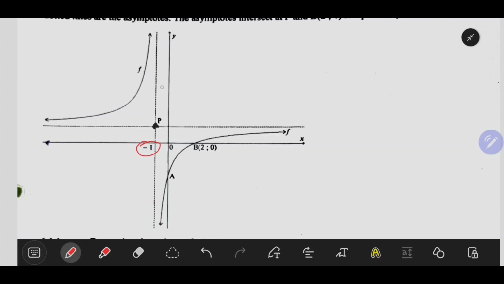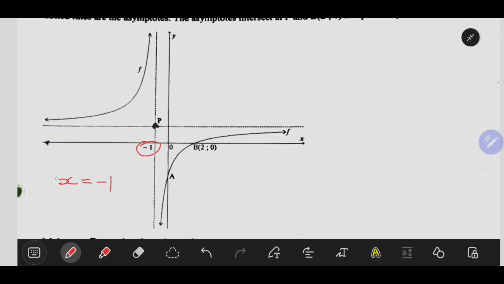So this value here of -1, this is the value for the vertical asymptote, which we know is the same as x is equals to -1, because we can see that this -1 is on this vertical asymptote, whereby we can see that on the Cartesian plane, this line cuts on the x-axis.